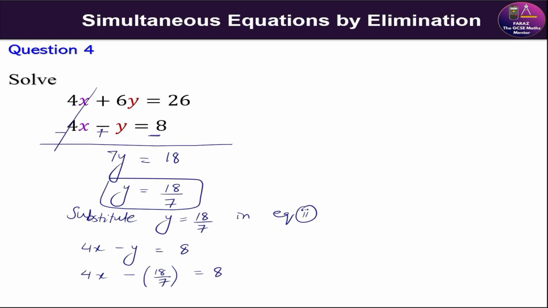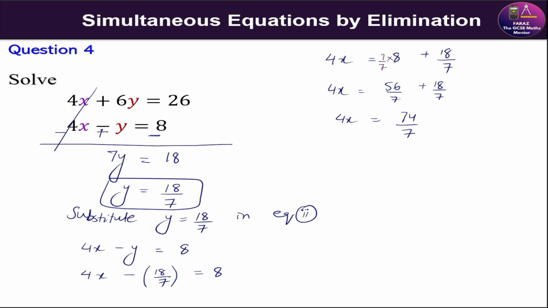So 4x minus 18 over 7 equals 8, which means that if you add 18 over 7 on both sides, it will look like this, 8 plus 18 over 7. Now make the denominator the same. So we need to multiply this one by 7 over 7. 8 7s are 56, so 56 over 7 plus 18 over 7, and therefore you will get 4x equals, just add the numerators, 56 plus 18, that must be 74, 74 over 7.